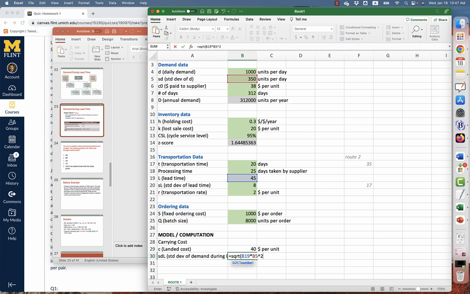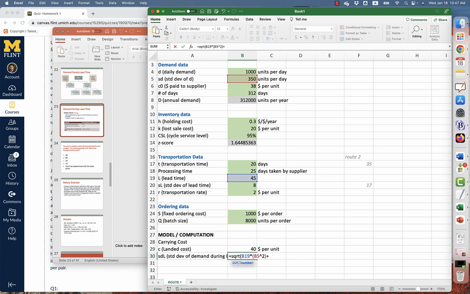So we do this to the power 2 plus... actually, when I'm raising to the power 2, I want to use brackets to make sure that the raising to power 2 happens before the multiplication. The brackets will ensure I square the standard deviation of demand before I multiply it by the lead time. So always use brackets to make sure the math happens in the right order.